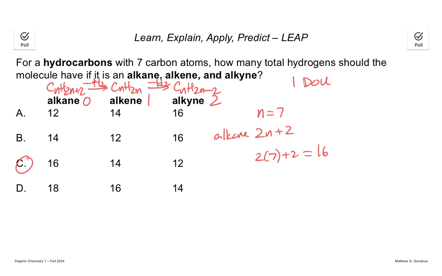So 1 degree of unsaturation, really experimentally what it's equal to is 1 equivalent of H2.